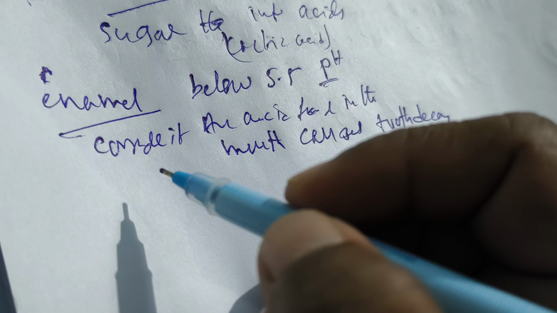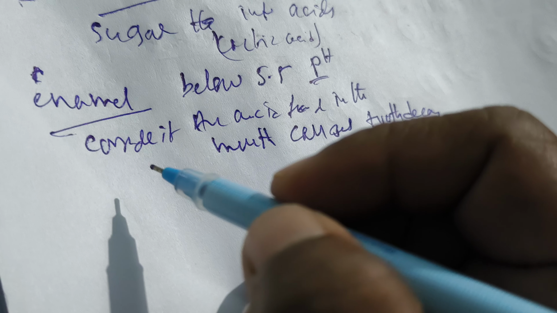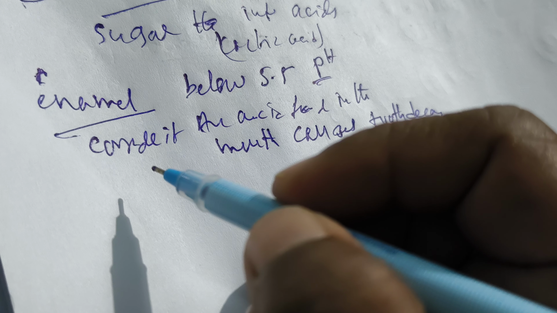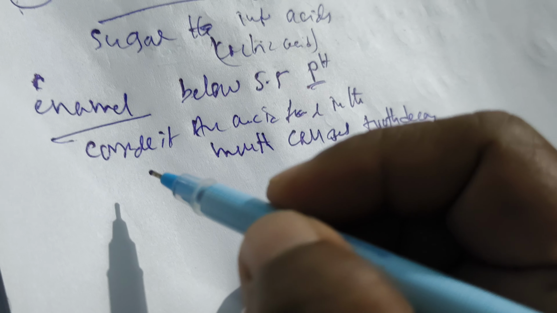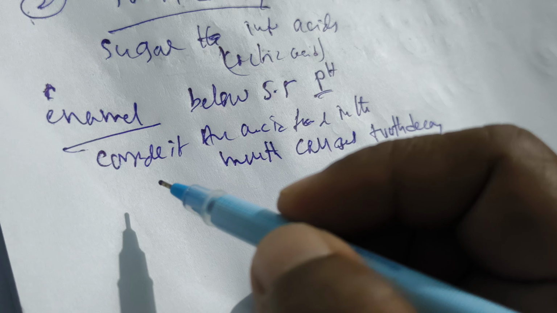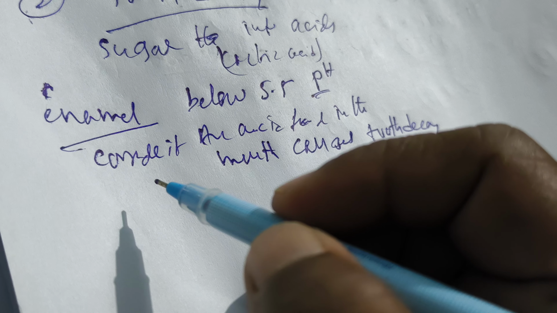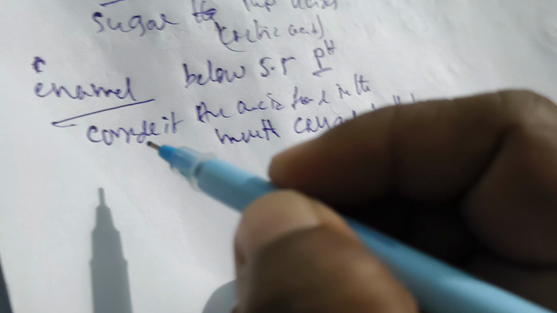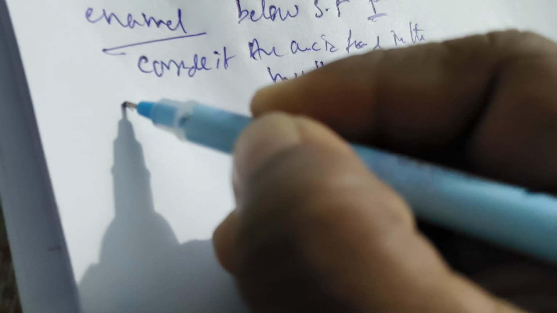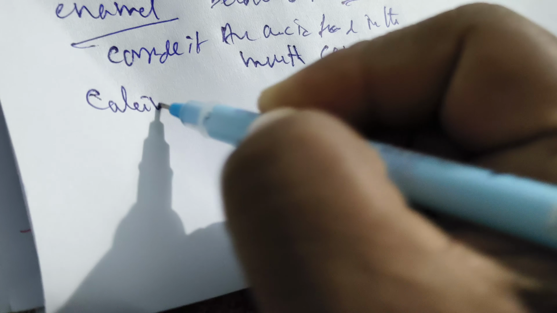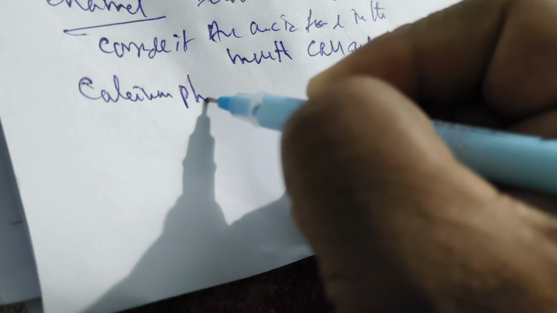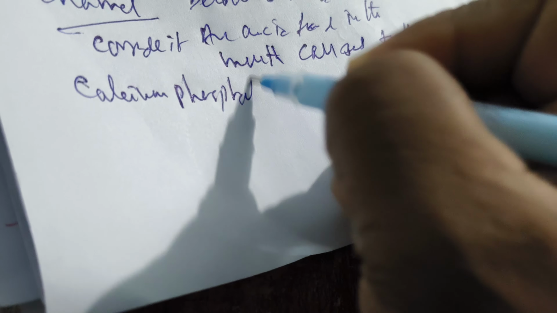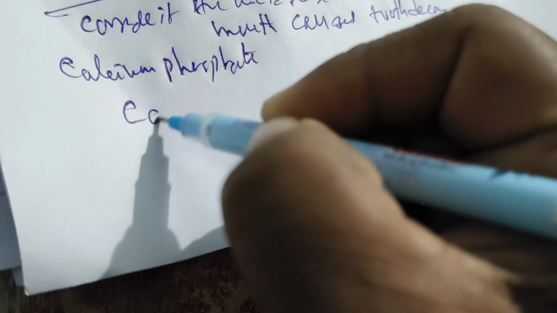As we know, one of the strongest parts in our body is enamel. Tooth enamel is made of calcium phosphate, the hardest material.